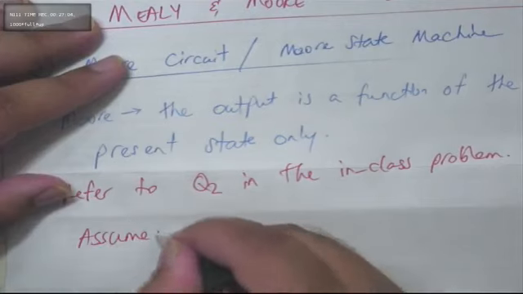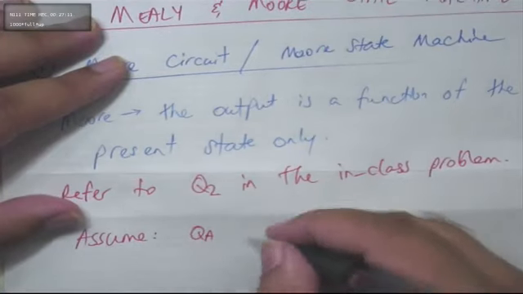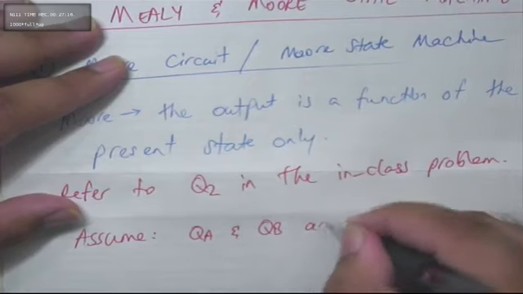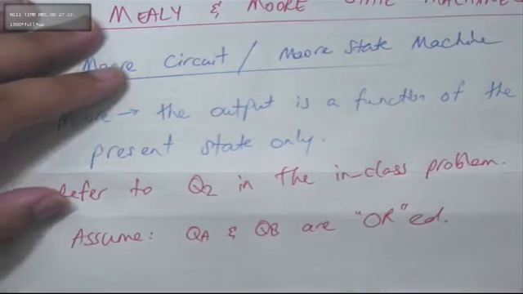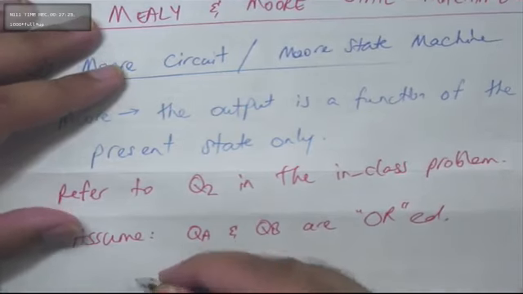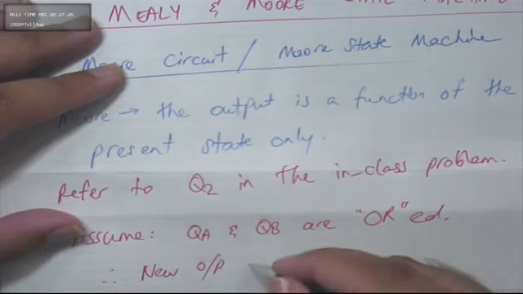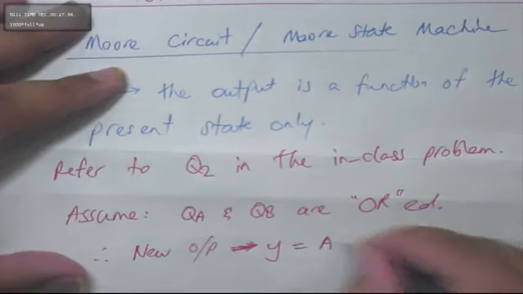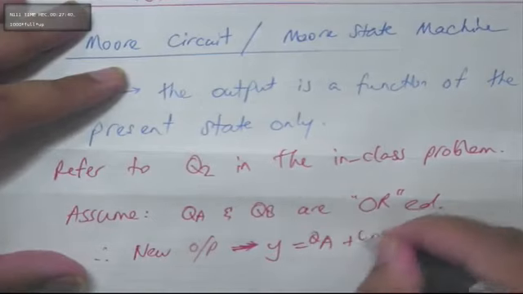Assume QA and QB are ORed. So basically we have a new output, which is Y. Y is equal to A or B. Oh, sorry, QA or QB.